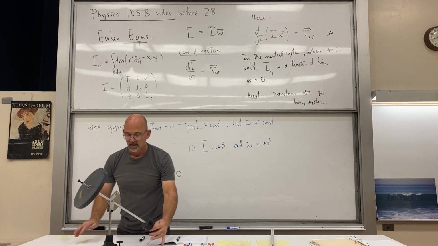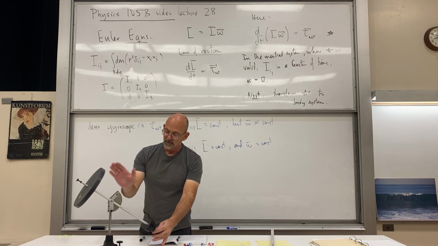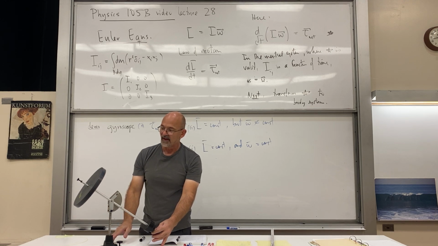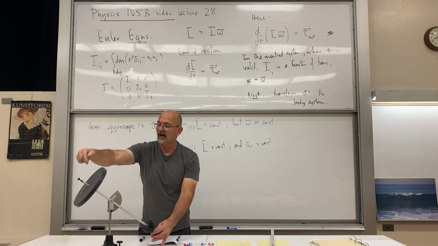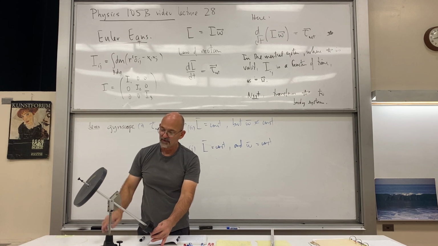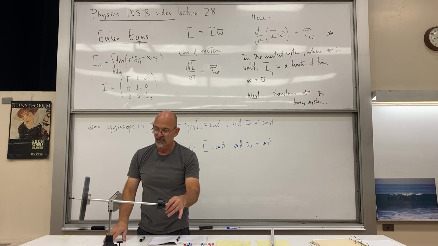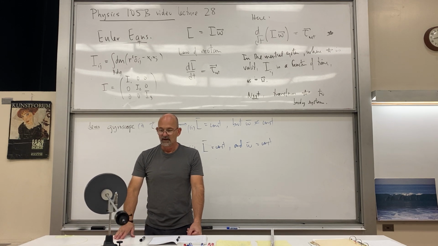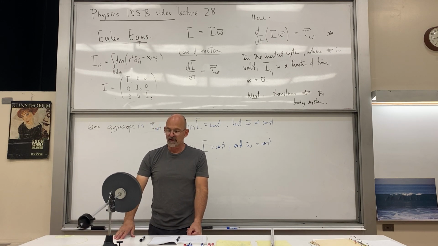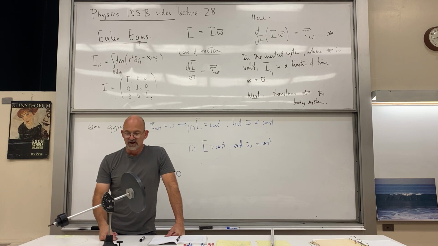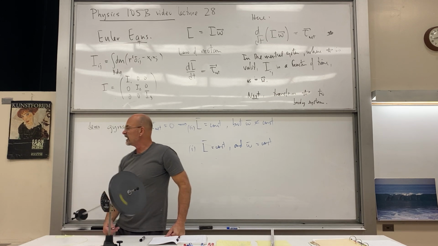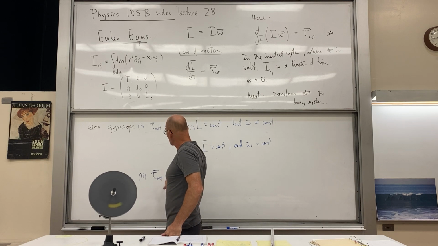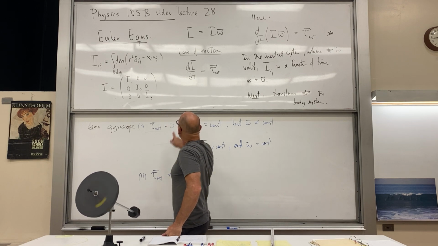Okay, so if it's spinning and I'm just holding it in place, then we have L and omega pointed in the same direction, that axle there. That's L and omega. But since it's unbalanced, I get a more complicated motion because L is now changing. The change of L is equal to torque, right?